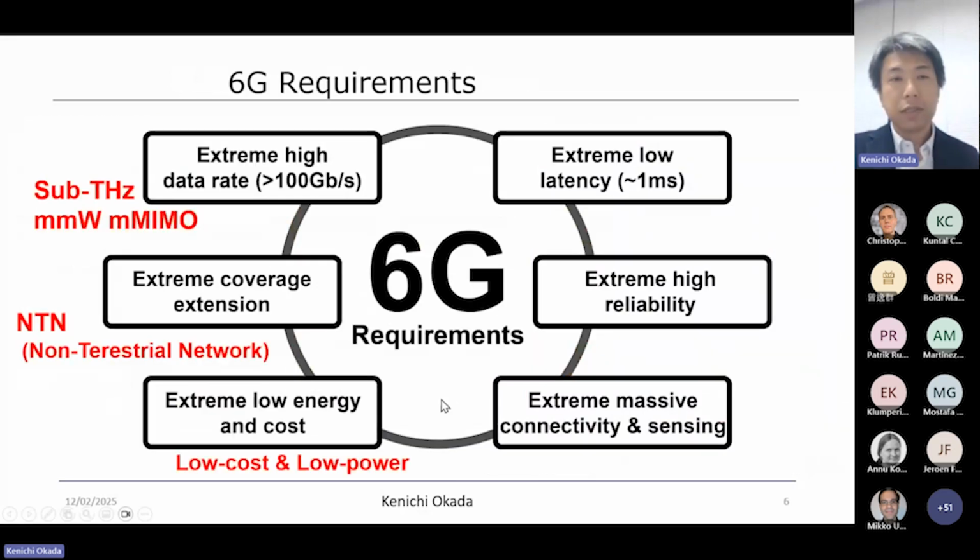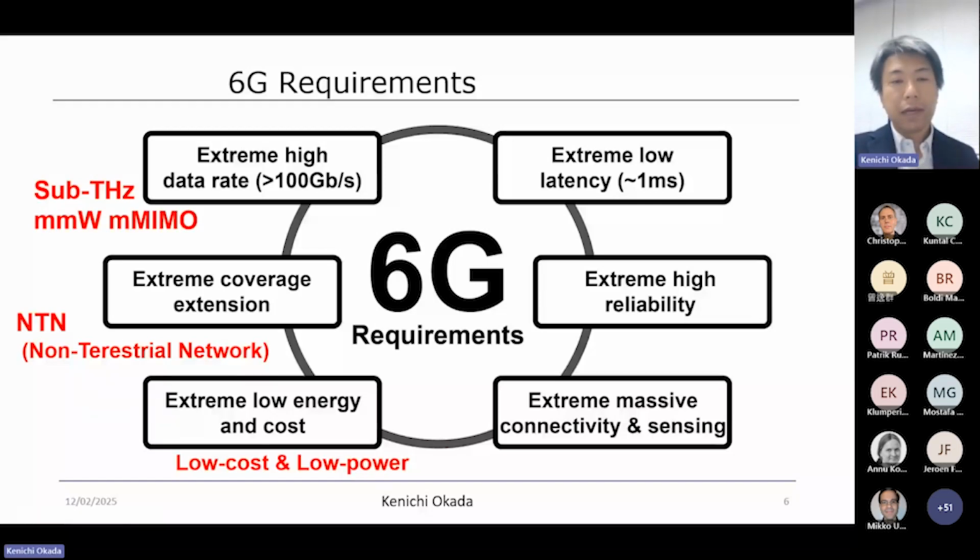So for considering the 6G generation, we have to consider much higher, faster data rates using sub-THz or even massive MIMO technology for millimeter wave, not for 6 gigahertz. And NTN, I skip that. But on the other hand, to make this kind of device technology mature for a future 6G system, lowering the fabrication cost and lowering the power consumption is really important, especially for the handset side.